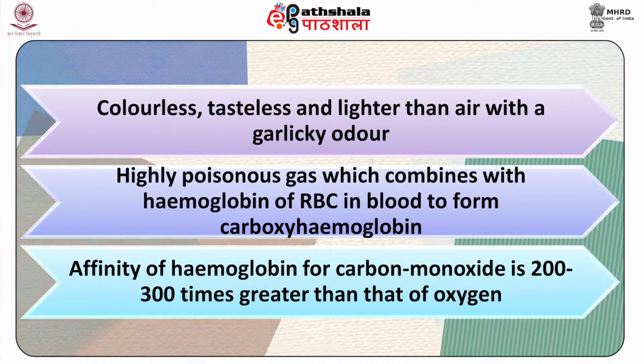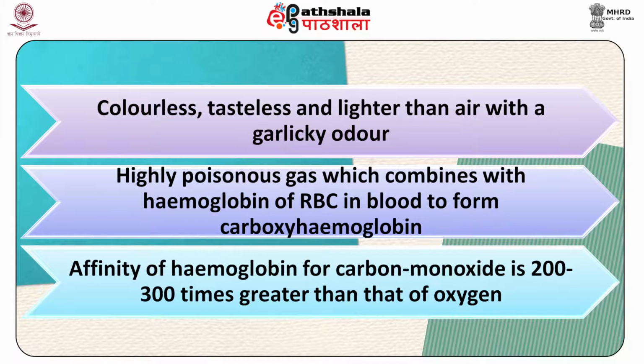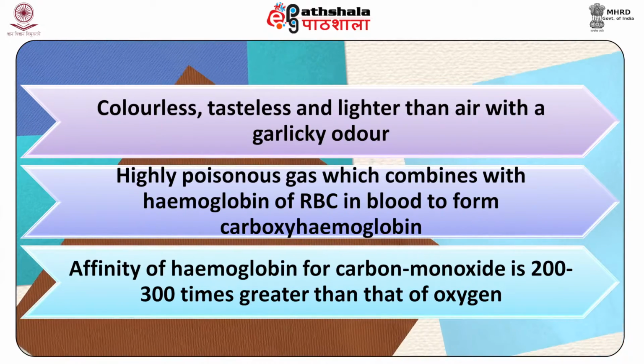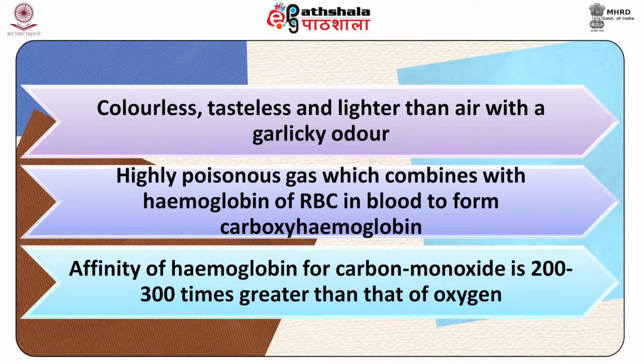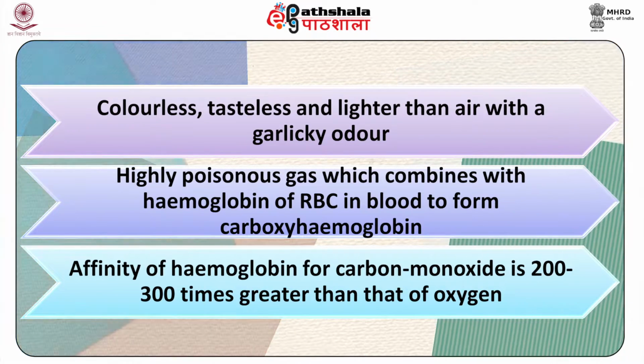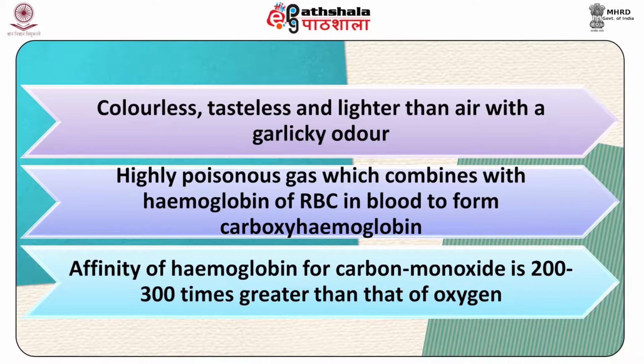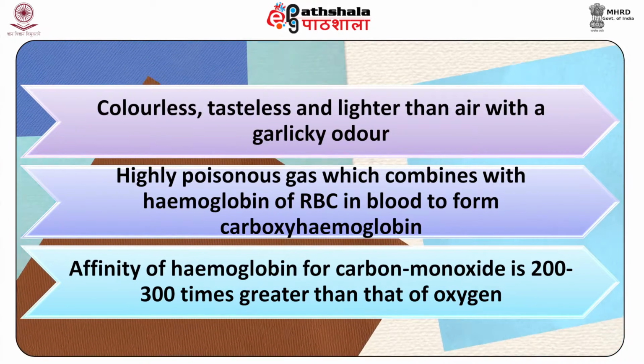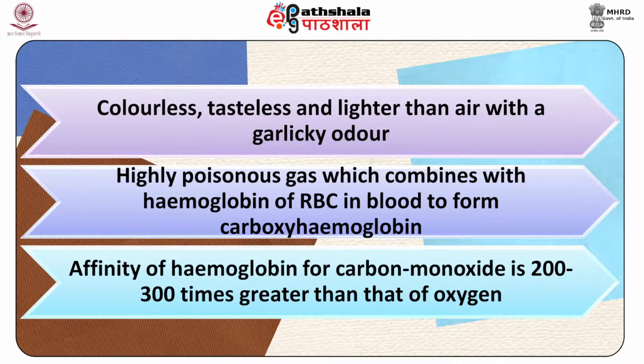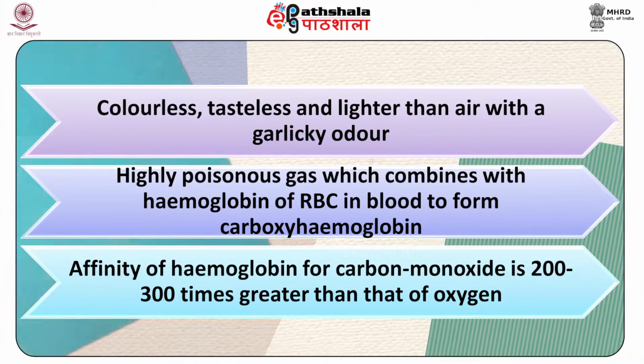It is a highly poisonous gas that is absorbed into the lungs and combines with the hemoglobin of the RBC in the blood and forms a stable compound, carboxyhemoglobin. The affinity of hemoglobin for carbon monoxide is 200 to 300 times greater than that for oxygen. It reduces the oxygen content of blood and then of tissues.